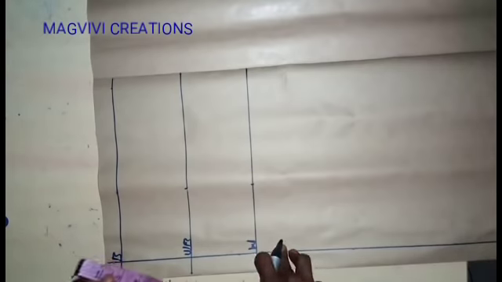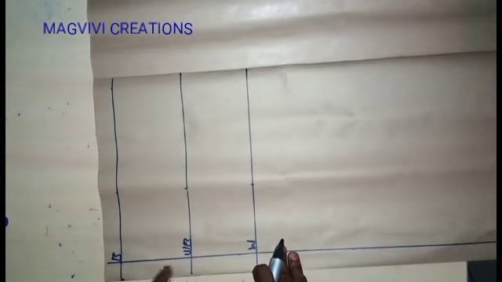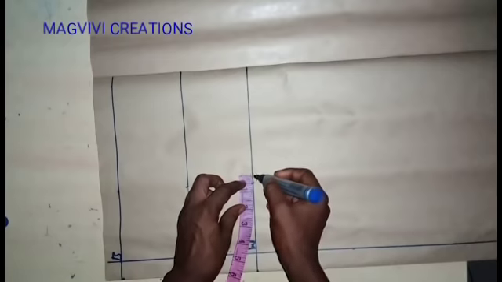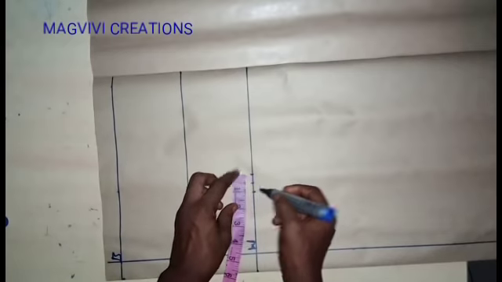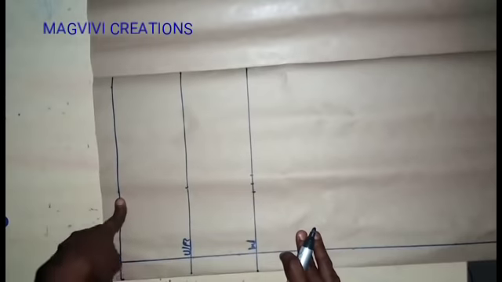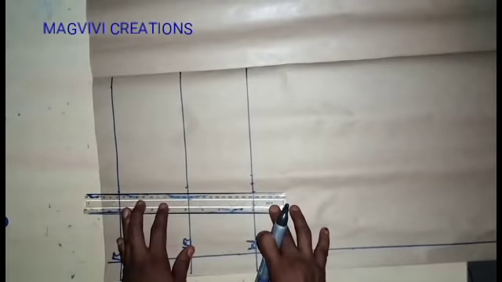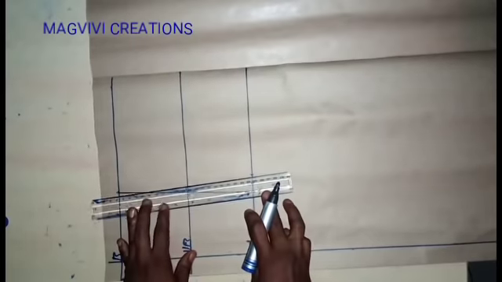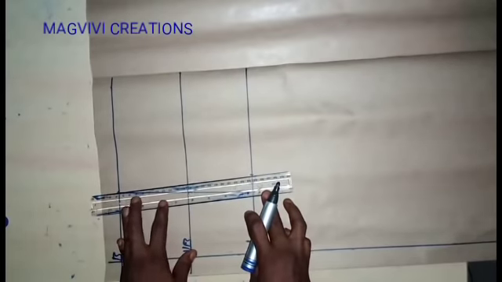We don't have cup at the back. We are not creating any bust cup. So you just take the waist dart. So to do that, you mark ½ inch on this side and ½ inch on this other side. Then what you do is just connect it to the bust point, okay. So just connect this way to the bust point. So this is waist dart, okay.